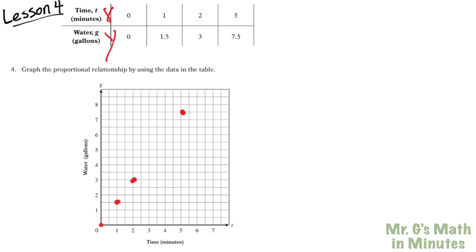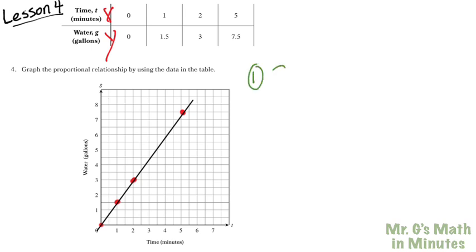Now they want us to decide whether this graph is proportional or not. To make a graph proportional, we need to have a line. So I'm going to use a ruler and draw myself a straight line that connects all of my dots. This particular graph is proportional, and it's proportional because of 2 reasons.